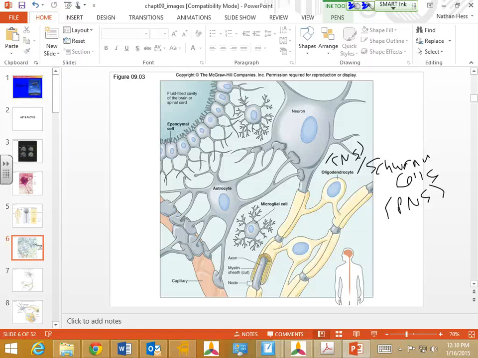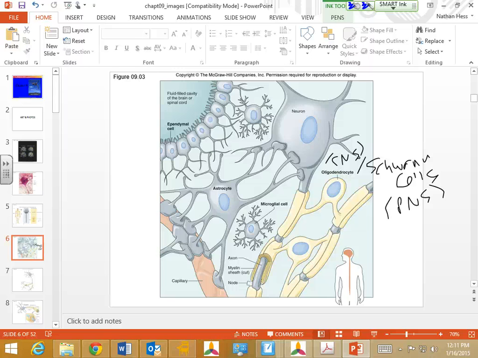They're like the support pieces for the neurons. And then the ependymal cells, these are the ones that line the fluid-filled cavities. They're not actually producing it.